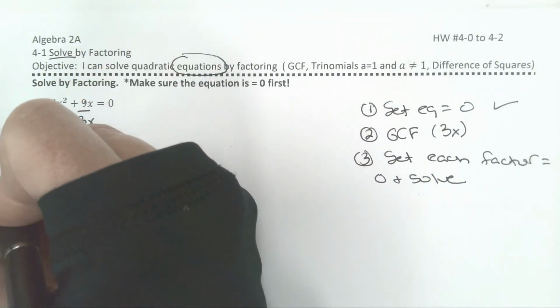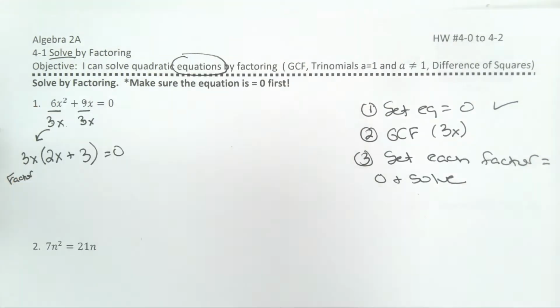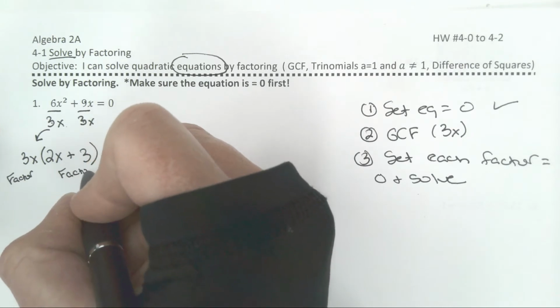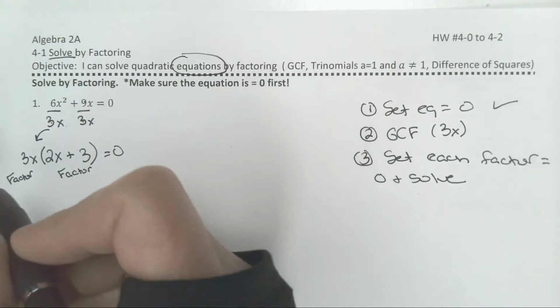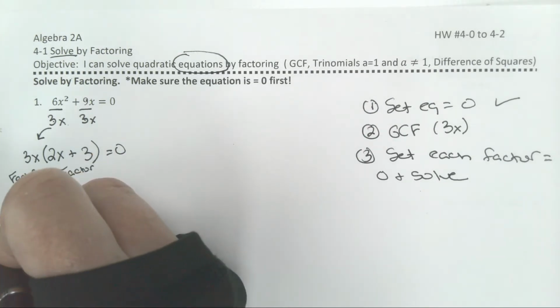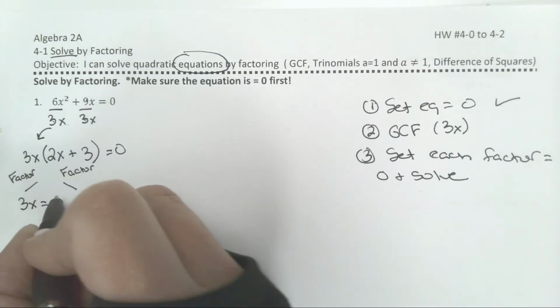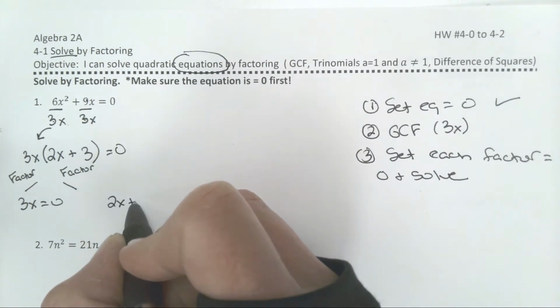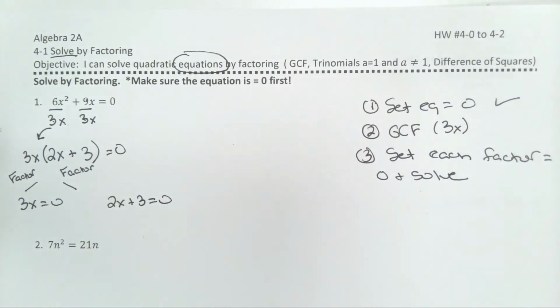All right, so I'm saying that 3x is one factor and 2x plus 3 is a second factor. So I'm going to break those apart. Now I'm going to write one equation of 3x equals 0 and a separate equation of 2x plus 3 equals 0.